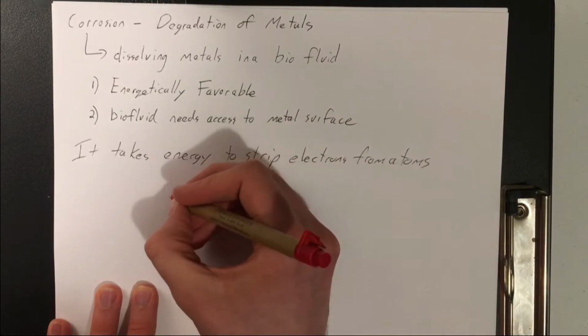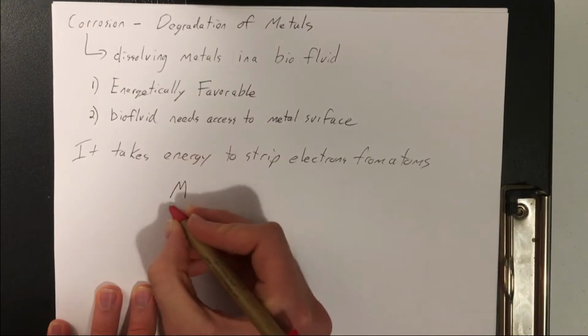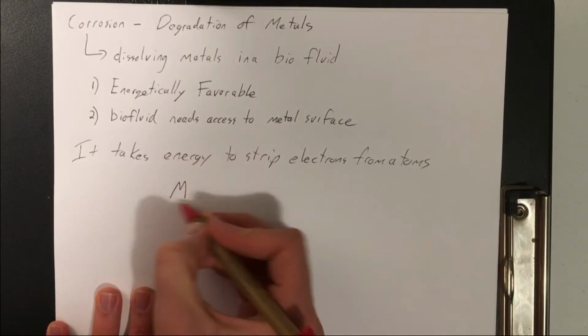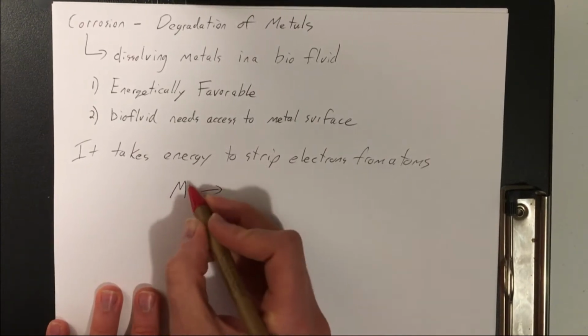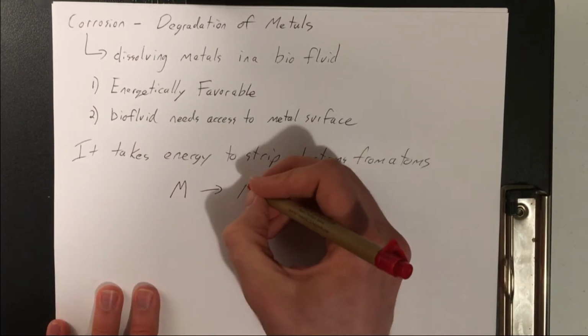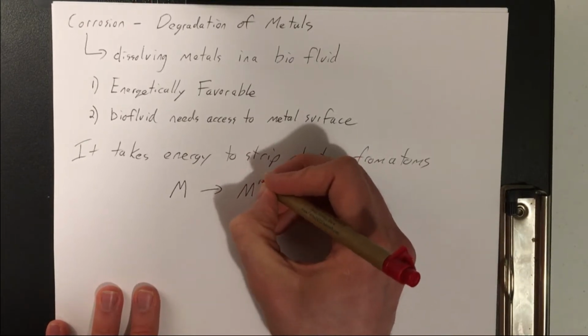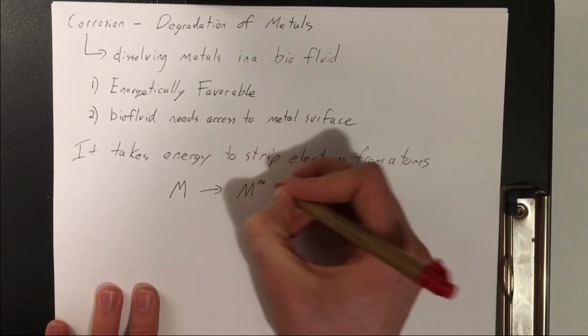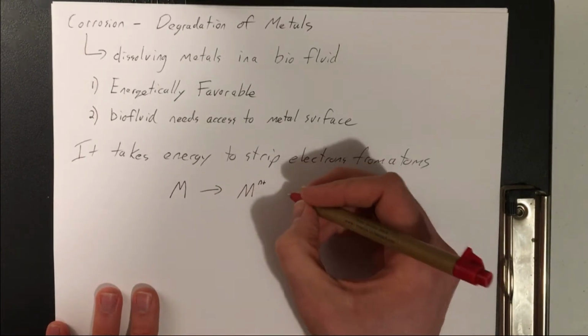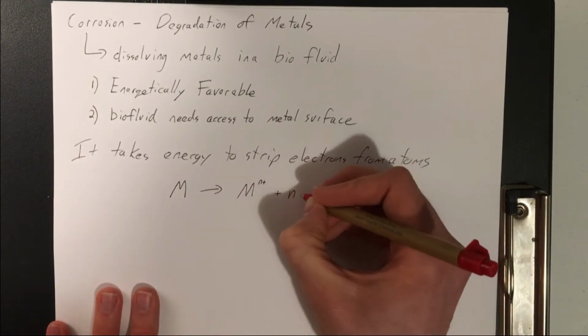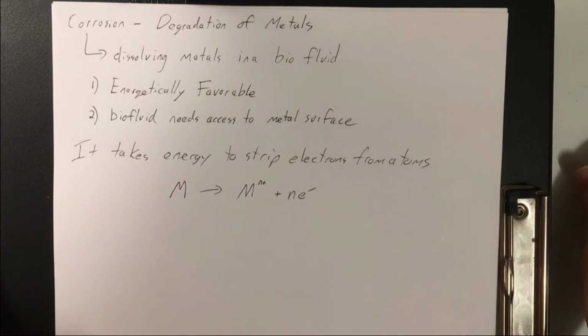So we can think of some metal, M, this might be just any metallic atom. We could think of this as a reaction by which a metal becomes an ion with some number of charges, little n, or some ion that has a positive charge of little n, and n number of electrons pulled off.